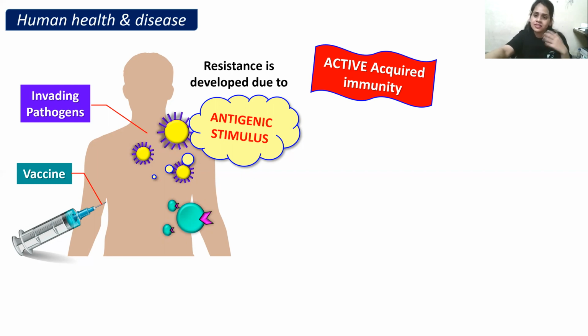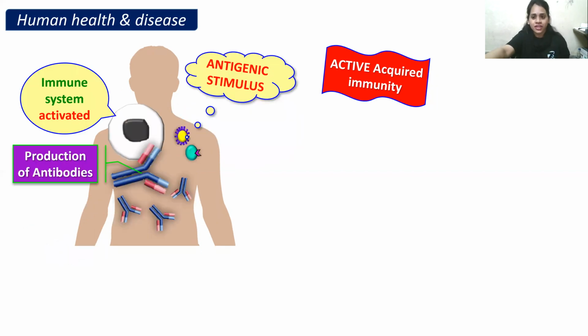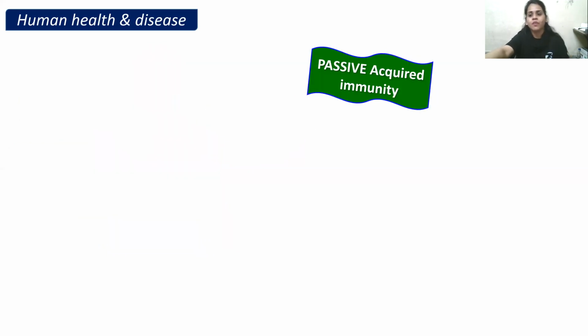In both cases, in natural infection as well as in vaccination, the pathogen has gone inside our body. So when the pathogen goes inside our body, our immune cells get activated and start secreting antibodies. The immune system, because of that antigen, gets activated and produces antibodies, and that is called active acquired immunity. Very simple. In active immunity, antibodies are produced by our body.